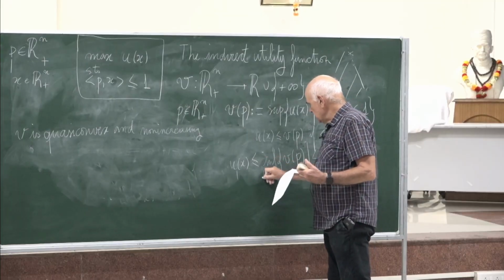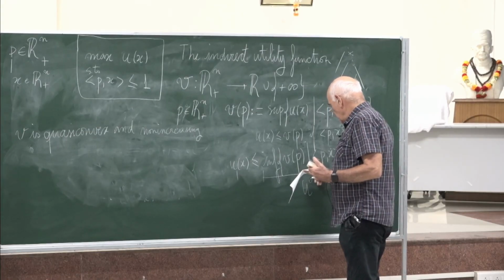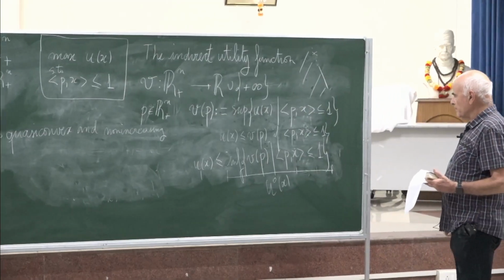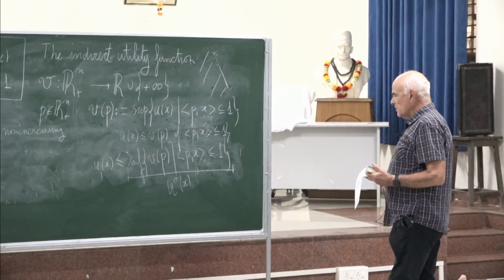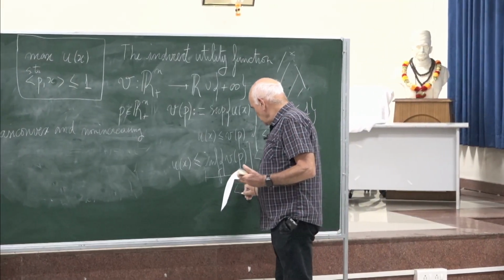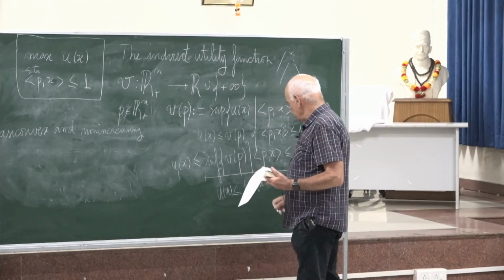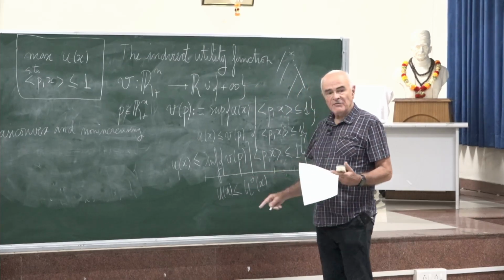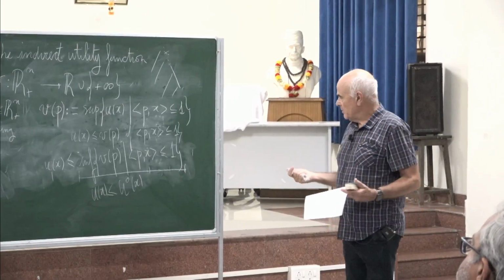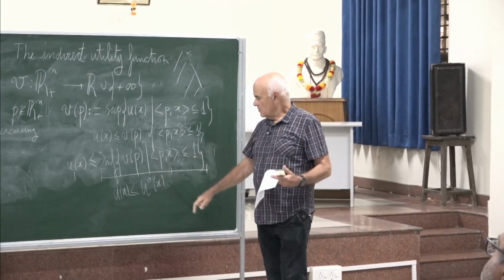Let's call this u0 of x. This is a real valued function because it's greater than or equal to u of x, which is real. And well, an infimum could be plus infinity if it is the infimum over the empty set. But this is not the empty set because we can take p equals 0. Okay, so this is finite.